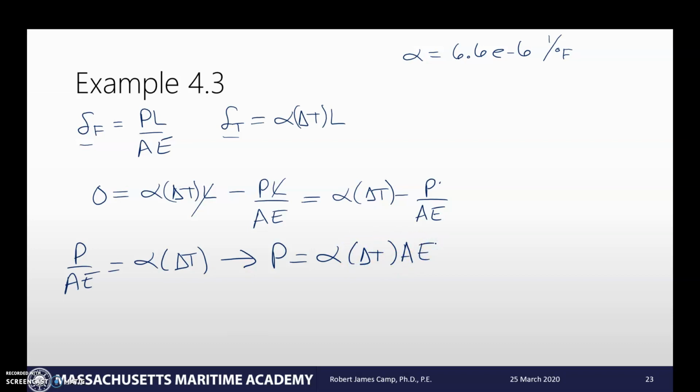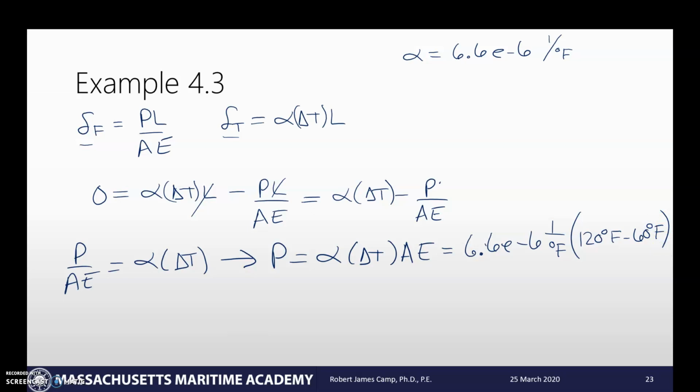So everything's there. We can just plug numbers in and calculate. 6.6 e to the negative 6, 1 over degree Fahrenheit. Delta T, we've got 120 degrees Fahrenheit minus 60 degrees Fahrenheit. That's a positive number. It's increasing. We expect it to get longer.